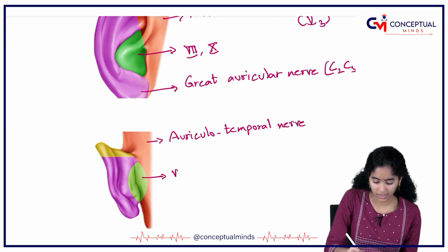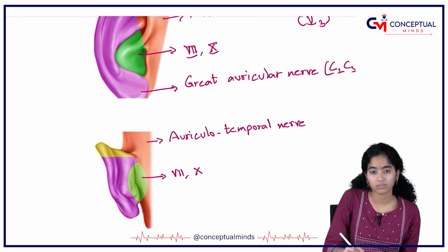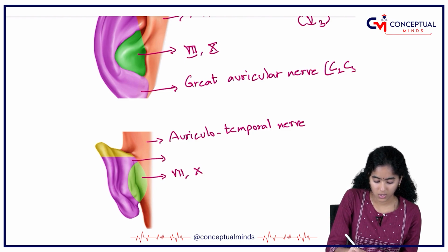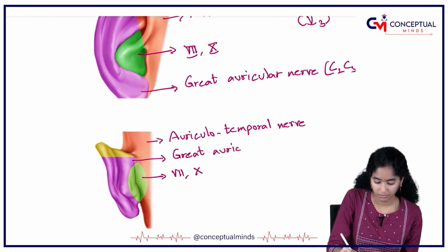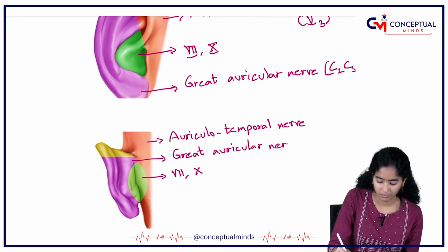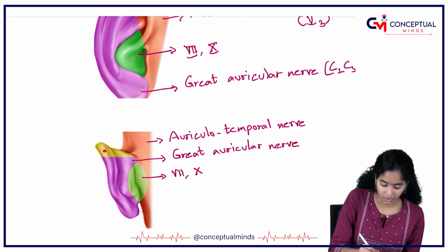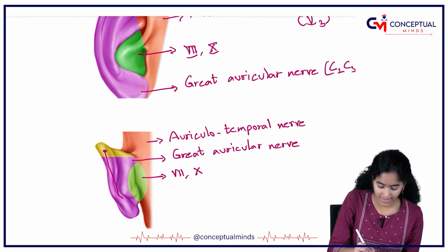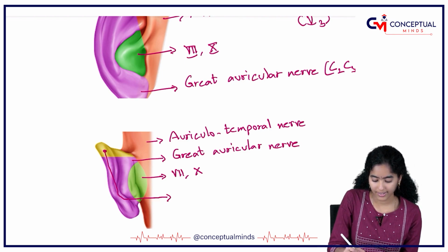This is by the cranial nerves 7 and 10, facial nerve and vagus nerve. This is by the great auricular nerve. Additionally, we have another nerve supplying this area, and that is the lesser occipital nerve.